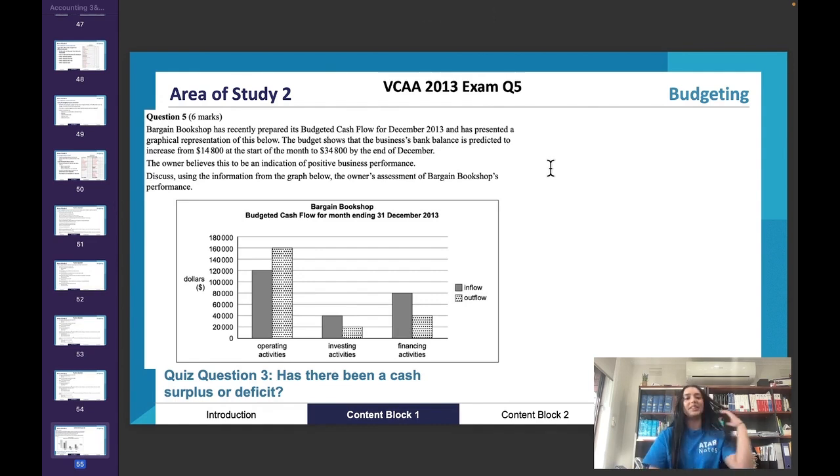Okay, so here's a practice question. Have a read of this question and try to decide whether there has been a cash surplus or deficit in this question. And I'll give you about a minute to answer.